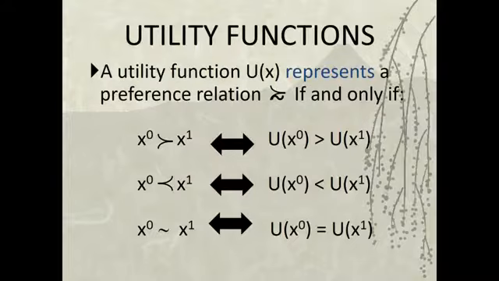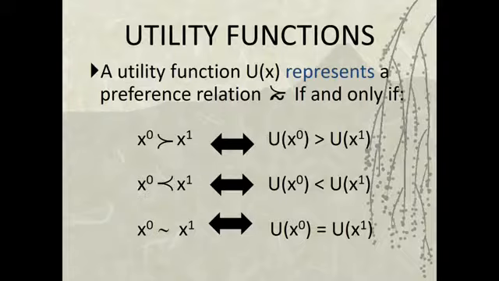Again, a utility function U(x) represents a preference relation if and only if x0 is strictly preferred to x1, which implies that the utility of x0 is greater than the utility of x1.